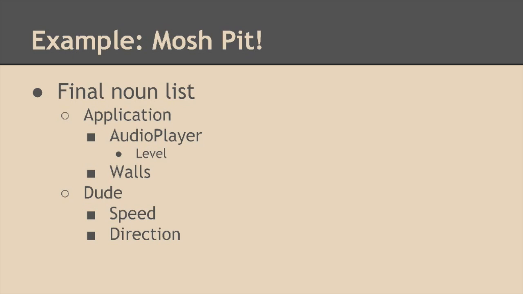The first one is our application class, okay? And that will be a processing program, just like the other programs that we've written so far, with setup, draw, etc. And then the new aspect will be our dude class that contains all the information about one of our virtual concert goers. Speed, direction, color, the ability to bounce off things, all that.